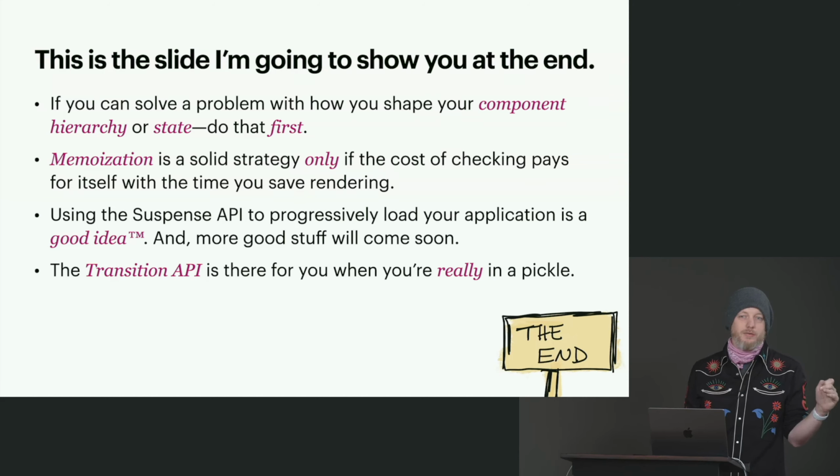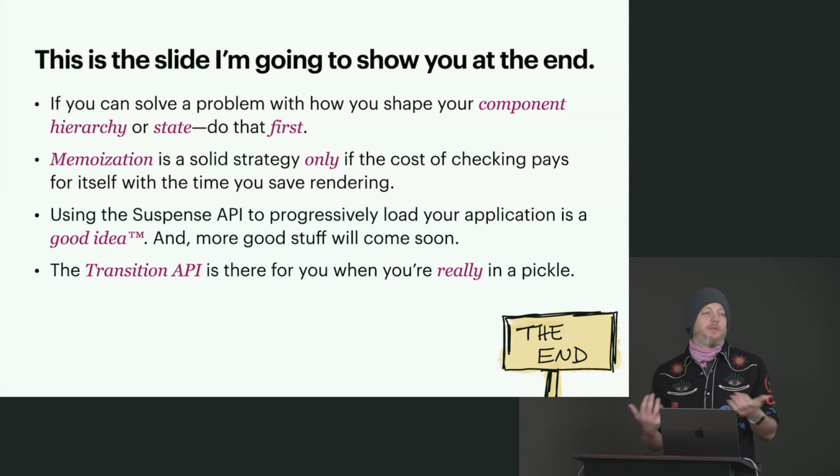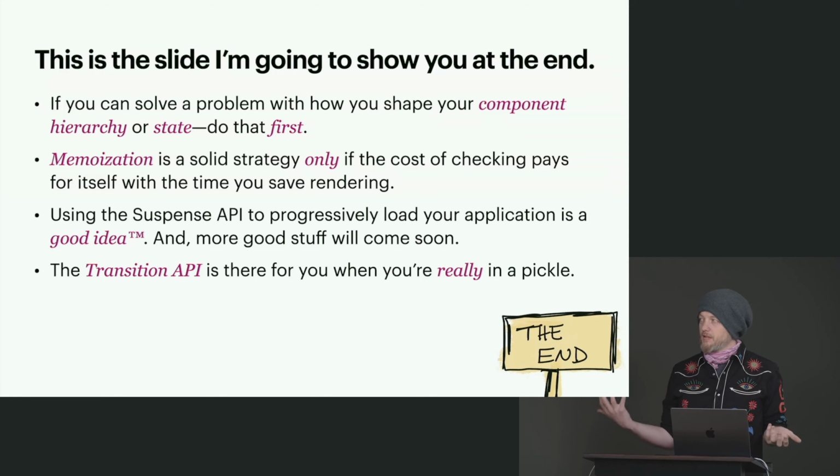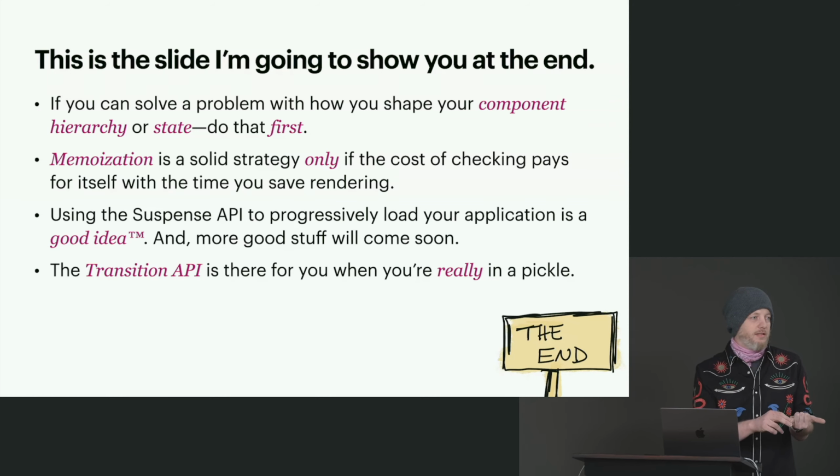because other than rearranging your code, you're not doing the memoization and caching and those extra checks, right? So that is inherently going to be faster. Caching and memoization are solid strategies, but not only do they have a hopefully smaller cost than rendering that entire part of the tree, but if you mess up caching, you can have weird bugs, right?